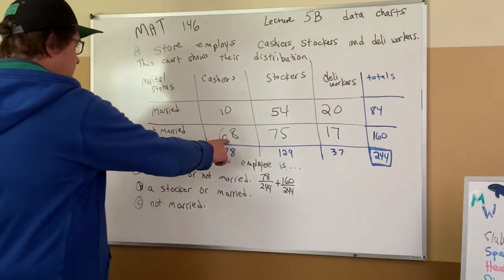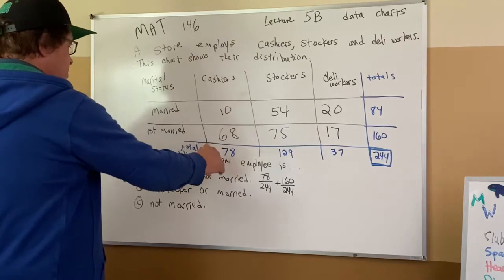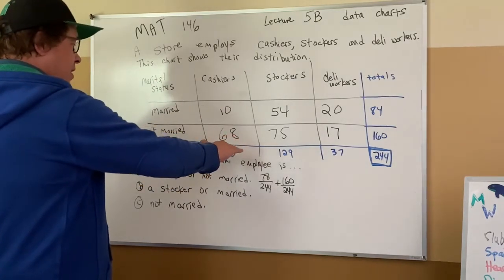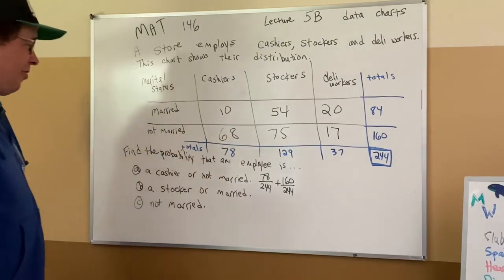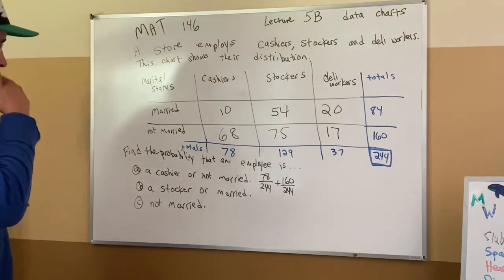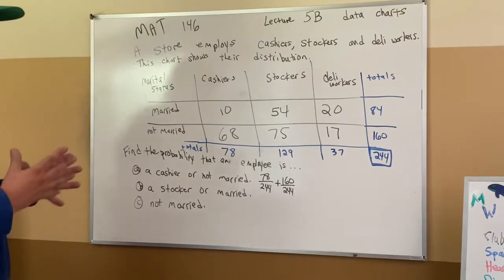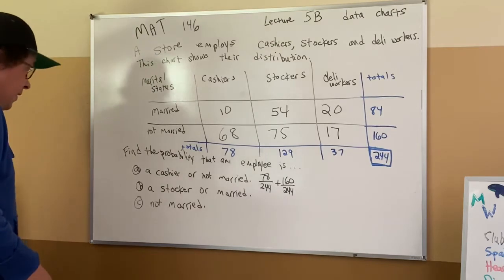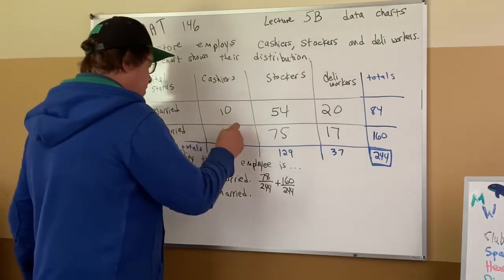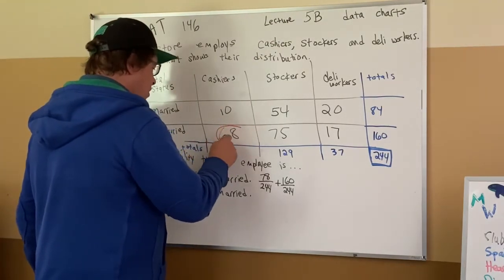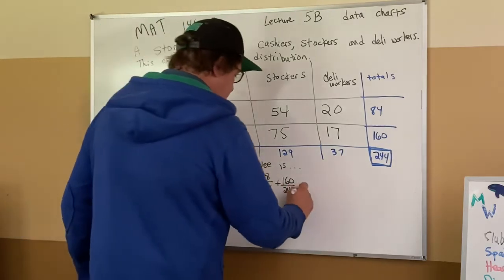So this 68 represents cashiers that are not married. But those hit that category twice. So if we add these up and get 238 out of 244, we overcounted by some.